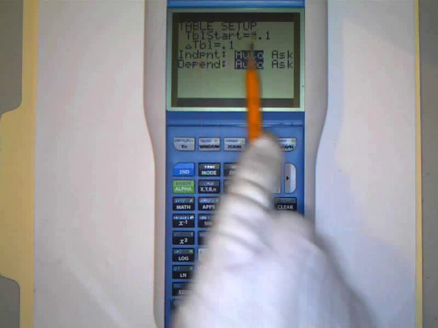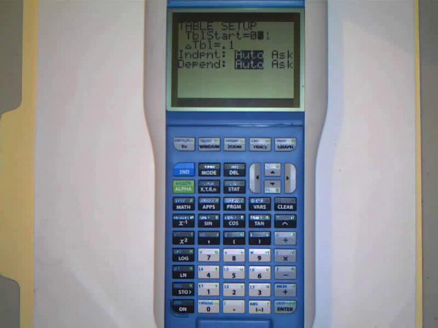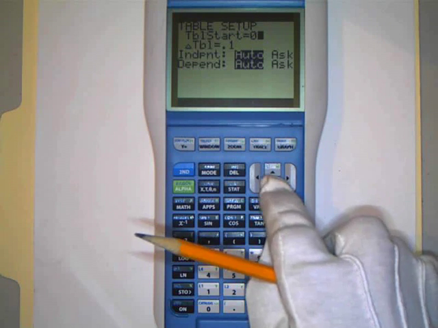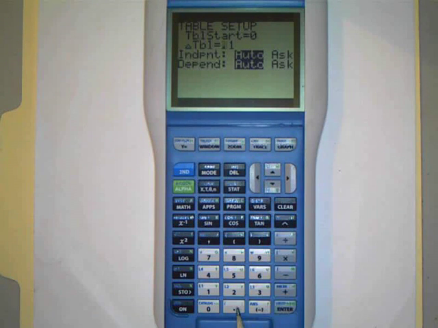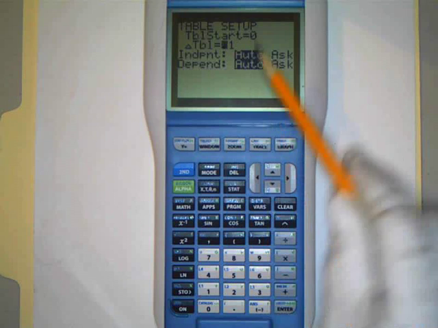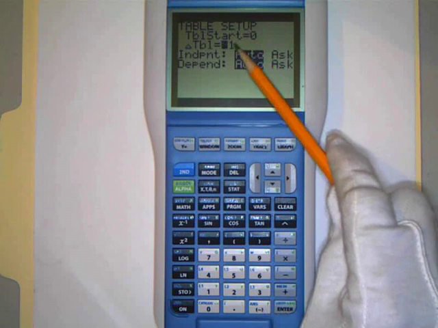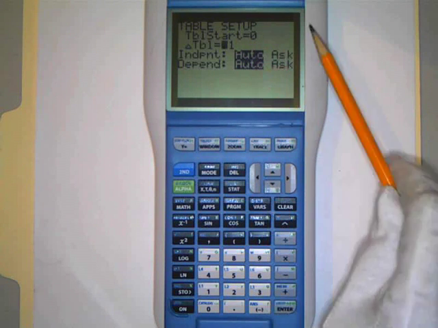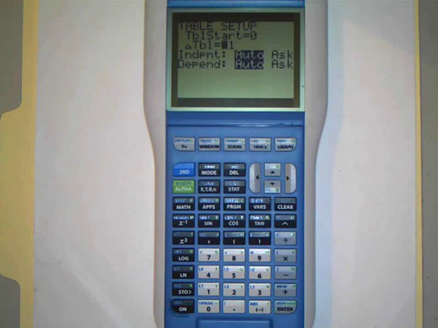This is the table start, where we start our table. And we'll approach 1, going by tenths. So I'll make this 0.1, which is already set up, I think, from today. This is delta table, that's my change. So we start at 0 and go by increments of 1/10 to the right. I'm going to keep adding that as positive. If I want to go to the left, I can make that negative.